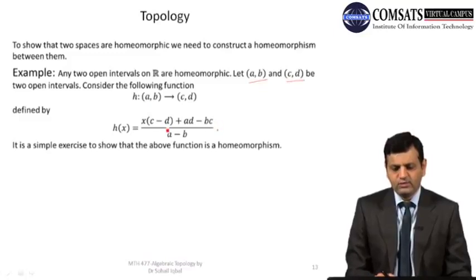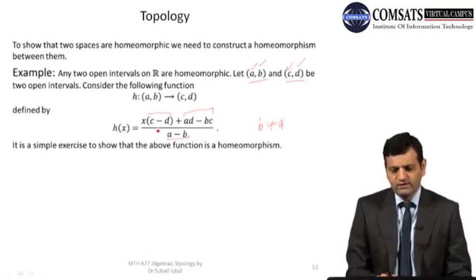It is a homeomorphism because A and B are numbers, C and D are numbers, and A minus B is a number which will not be 0 as long as A is not equal to B. So A not equal to B is one of our conditions.